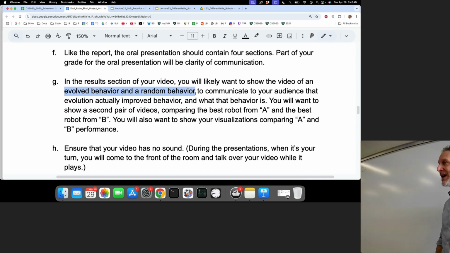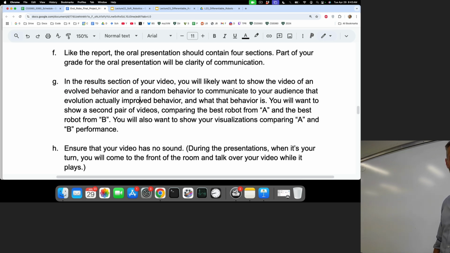Hopefully you're at this point in your final project where 5 or 10 seconds worth of a random controller running on your robot in your task environment and a 5 to 10 second video of an evolved controller running on your evolved robot in the same task environment, you'll clearly see a difference. So you should be able within 10, maybe 15 seconds to convince all of us that your evolutionary algorithm actually did something with your robot.